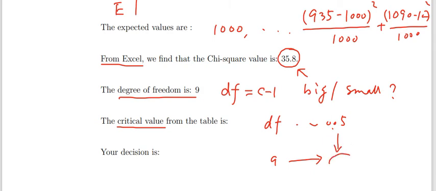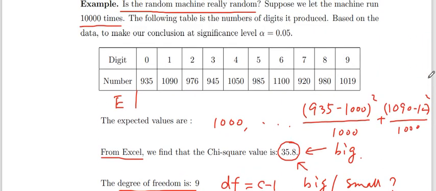This number is the chi-square critical value. I think this is 9 point something. So compare this number: we can say 35.8 is a big number. Then our decision is that this landing machine is not landing.